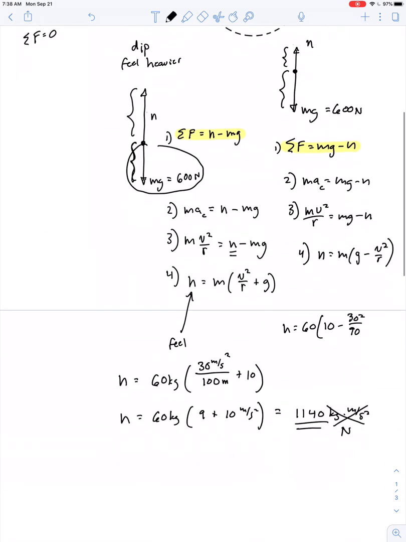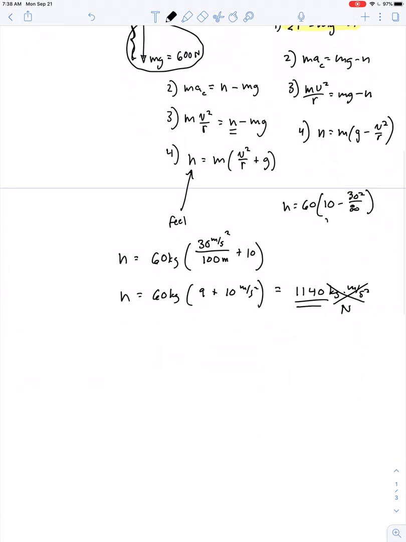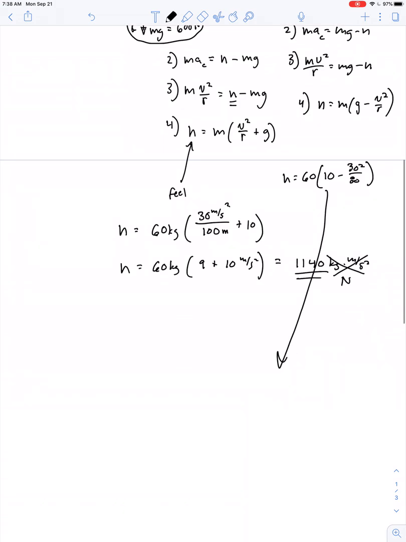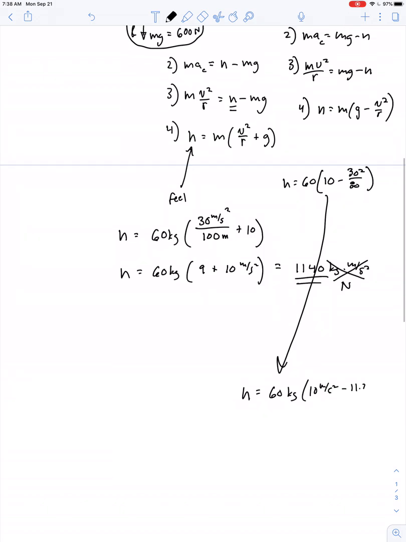Oh no, 80. So we get normal force is equal to 60 kilograms times 10 meters per second squared minus 11.25 meters per second squared.